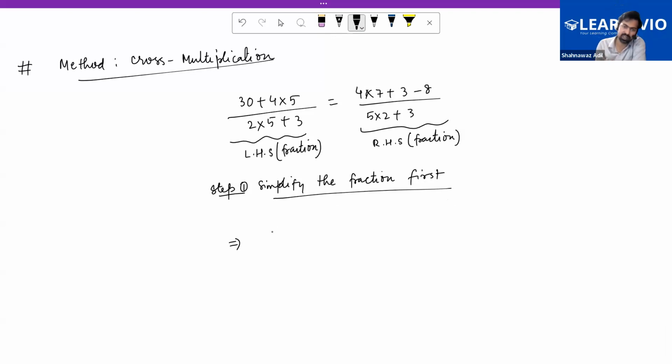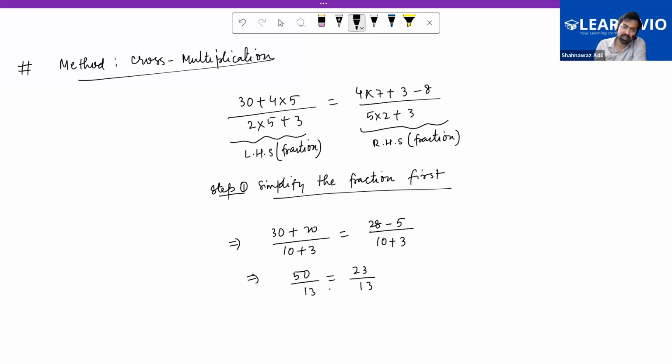Let's do this now. This is 20 divided by 10 plus 3, and then 28 minus 5 divided by 10 plus 3. So this is 50 by 30, and this is 28 minus 5, so 23 by 30.